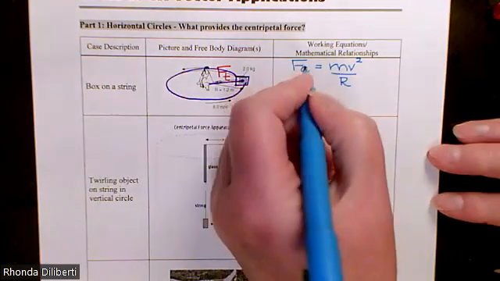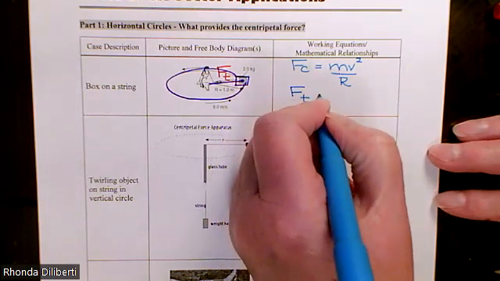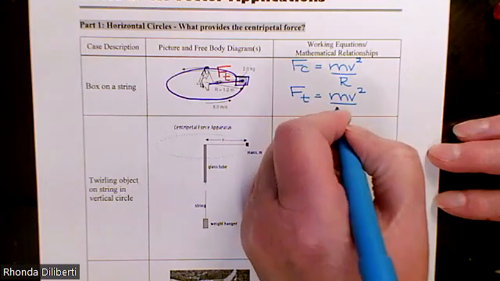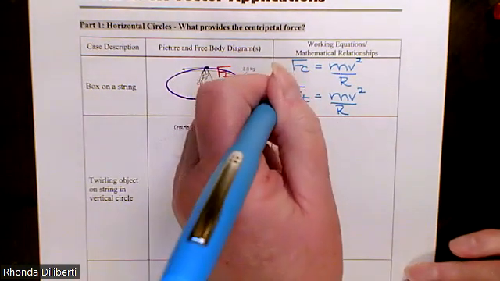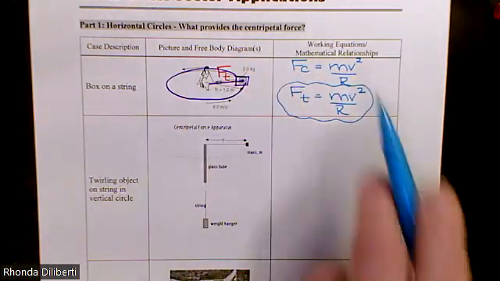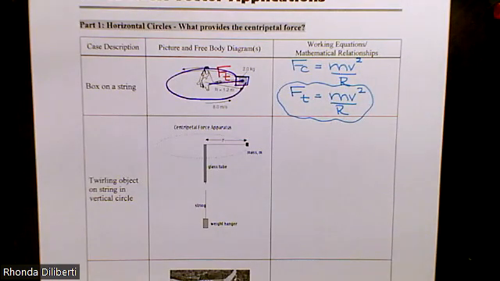And because of that, I'm going to replace the centripetal force with Ft. You'd get a point for this on the AP exam. And I'm going to call this a working relationship, a working equation, a mathematical relationship. So you might find a physics problem where you end up using this working relationship. We'll just leave that there for now.